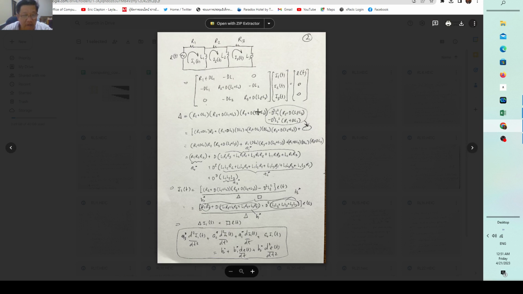Actually, the way we do is that we try to find the corresponding differential equation separately, independent of each other, to the regular mesh analysis that we study from the circuit analysis course.